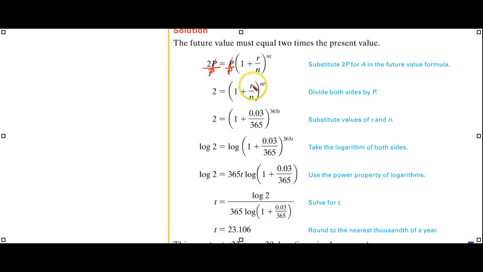Now, we know our rate is going to be 3%. And for our time values, let's say we're going to compound it every day. So that would be 365. But we don't know the number of years, so t is still a variable. Now, here's where you have to dig into the past, where we did logarithms, because this is an exponent.